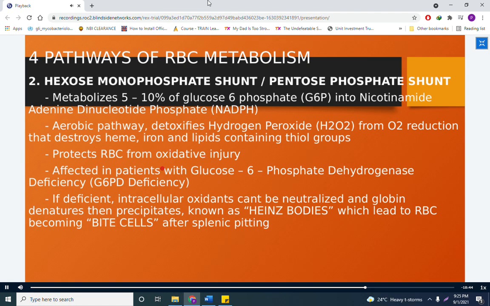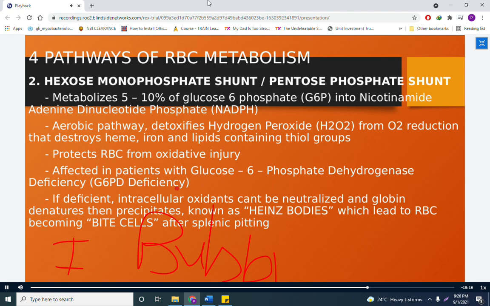Class, if you noticed, when you put hydrogen peroxide on your wound before, there was a lot of bubbling. Now, what your Hexose Monophosphate does, class, is detoxify H2O2 in the body right away. This will prevent the destruction of heme, iron, and lipids containing thiol groups. Now, it is affected in patients with G6PD deficiency.